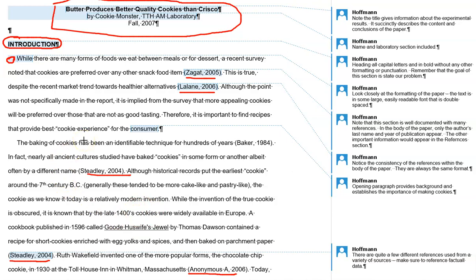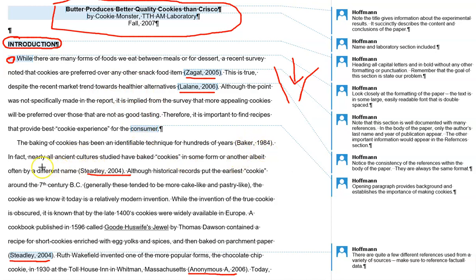So the opening provides a general statement, and what you want to do is start out general and then funnel down your information as you go through your introduction. So it starts out at a general level talking about cookies in general, and then goes to a historical reference.